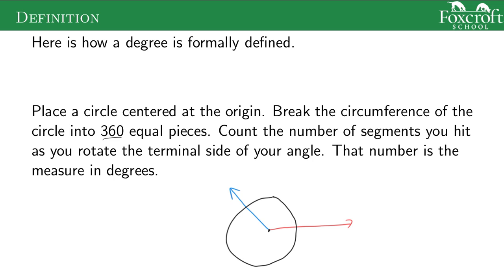Obviously we're not going to do that by hand, but you break this circle up into all those equal pieces, and you basically just count how many of those pieces you hit as you rotate around, and for this angle you get something like 135 degrees. So that's the formal way to define degrees: you're counting how many of these equal parts of the circle your angle hits as you rotate around.